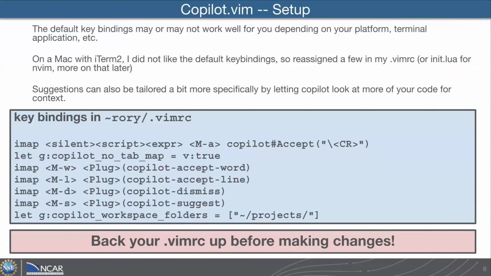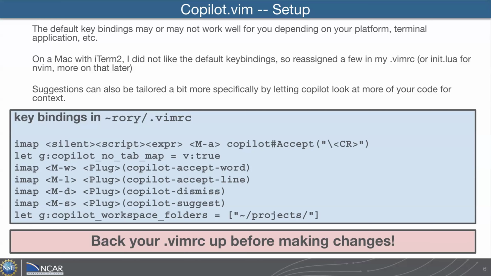And then probably another thing for actually interacting with this tool, at least for me, so the way I connect to Derecho is via a Mac with the iTerm2 terminal app. And the key bindings didn't work great by default for me. So this is just a simple look at the way I rebound keys to bind them to Copilot commands.